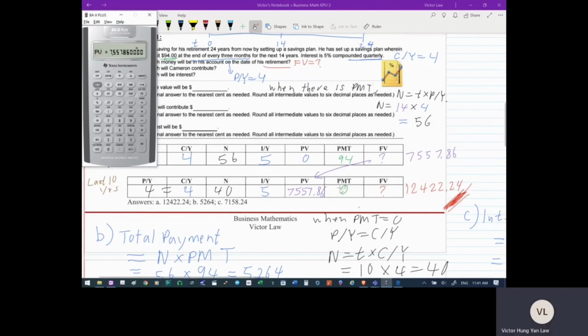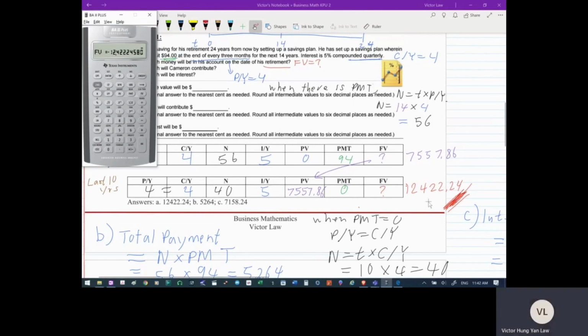And then PMT is 0, so 0 PMT. And then you solve for future value. So compute future value. You can get 12,422.24. And that's your future value at the end of 24 years.